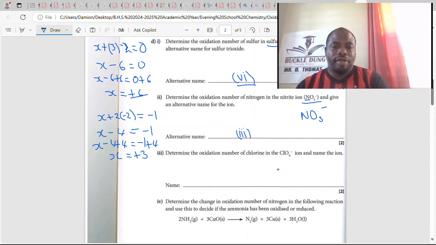Determine the oxidation number of chlorine in the chlorate ion. So again, we would have been assuming that this is a -1, not true. But watch what happens. What is the rule that we can use here? So we want to find this.